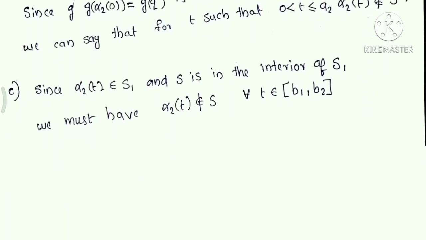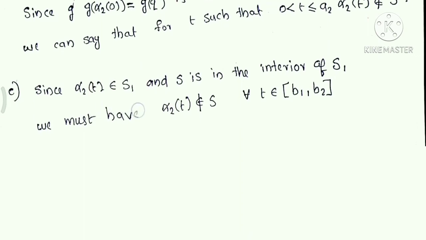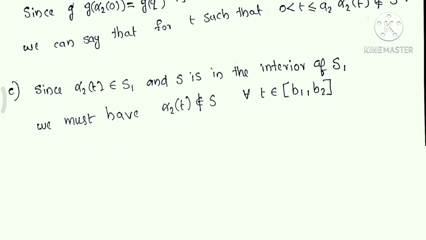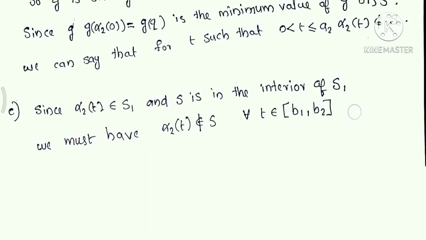And for the third curve alpha 3, since alpha 3 of t belongs to S1, and the surface S lies in the interior of S1, we must have alpha of t does not belong to S for all t belongs to the closed interval [b1, b2].